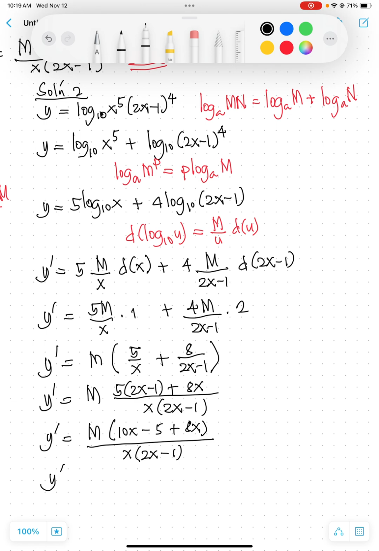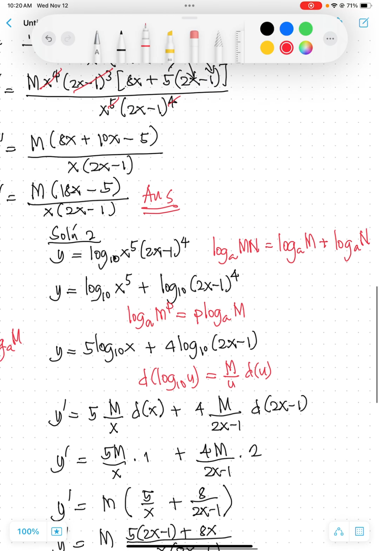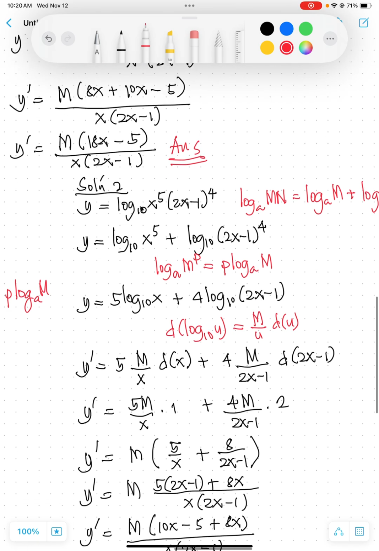Combining similar terms in our numerator, we have m, 10x plus 8x is 18x minus 5, divided by x times 2x minus 1. So this is now the answer, which is the same as our first solution.